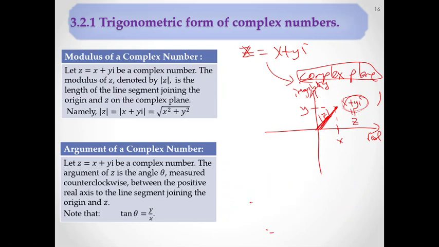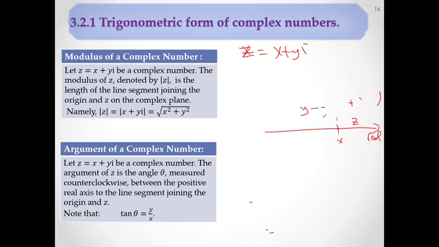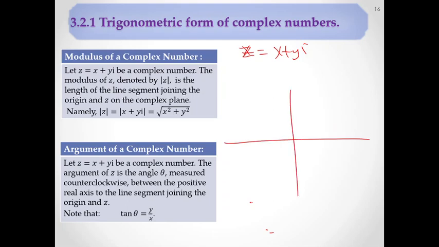Now, the other thing here is this is a complex plane, and when you locate a complex number on the plane, for example z equal to -3 plus 4i, where is it? -3 is here on the real axis, and 4i is here on the imaginary axis, so -3 plus 4i will be this point.